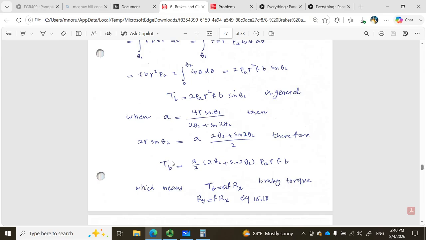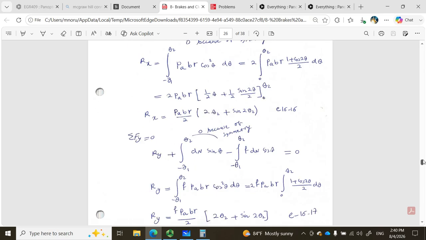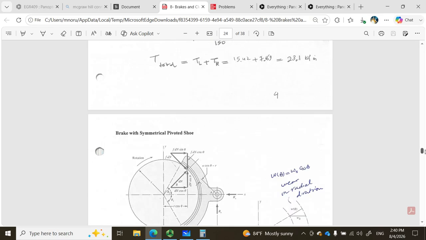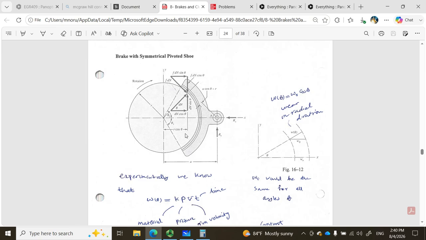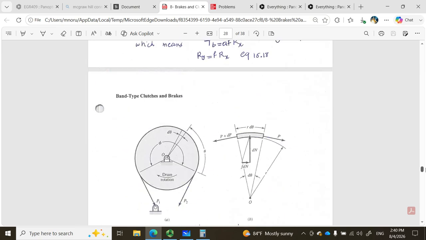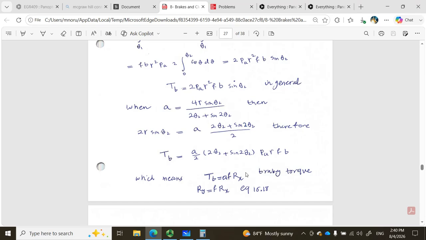After some algebraic operations, TB is going to be A times F, coefficient of friction, where A is the distance of the pivot from the center of the drum. It will be A times F times Rx.